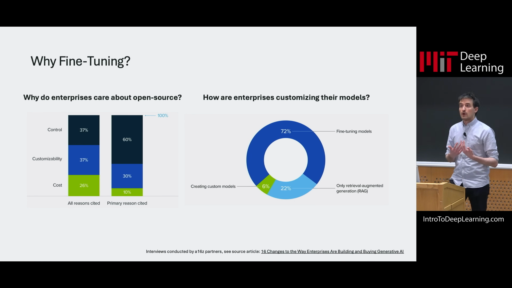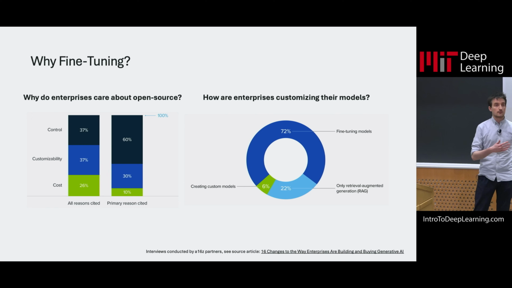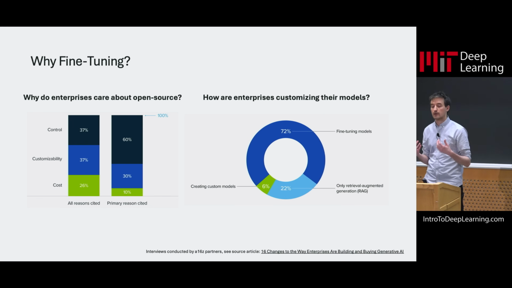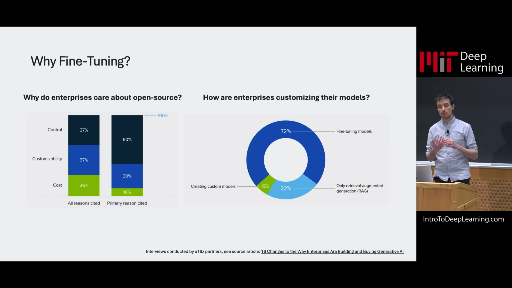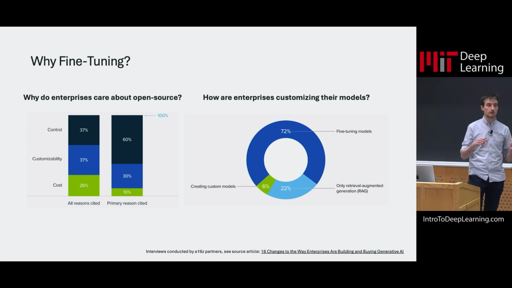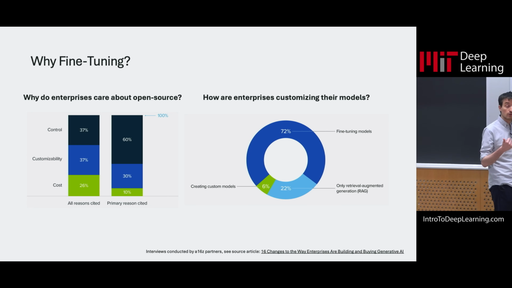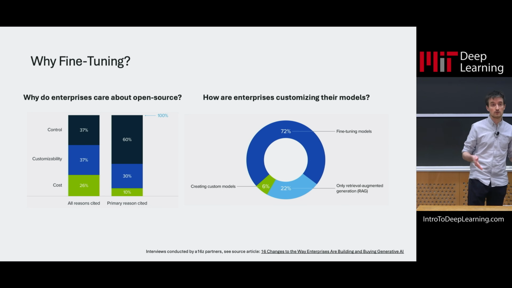There are other reasons why you might want to fine-tune a model. Besides this technical stuff, if you look at why companies care about open source and fine-tuning, you see that it's mostly about control and customizability. Control is because they might not want to just send data through APIs to the cloud.